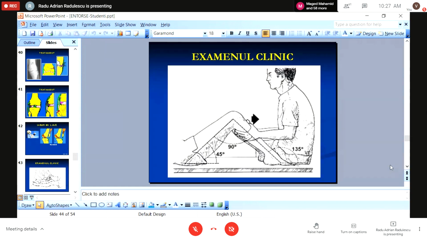In opposition with the next test, which is done with the knee in a 90 degrees flexion position, when the examiner grabs with both hands the proximal leg and pulls the leg anteriorly in order to see if this movement is possible. Also, you can do the opposite movement by pushing the leg into the posterior position in order to see if we have a lesion of the posterior cruciate ligament.